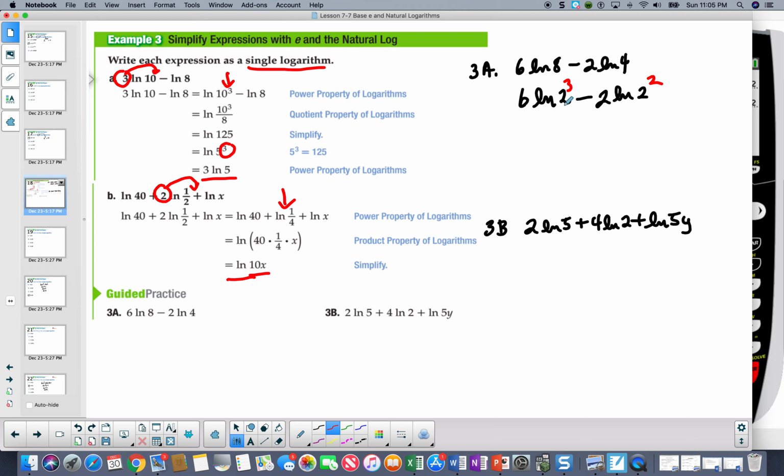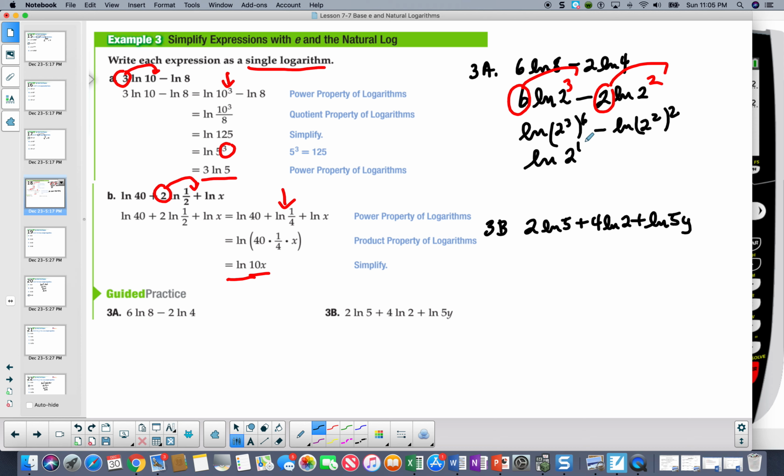I've changed 8 to 2 to the third and 4 to 2 to the second, and I'm going to take 6 and bring it up here, and 2, and I'm going to bring it over here. So this is going to be the natural log of 2 to the third to the sixth minus natural log of 2 to the second to the second. Power, power, multiply.